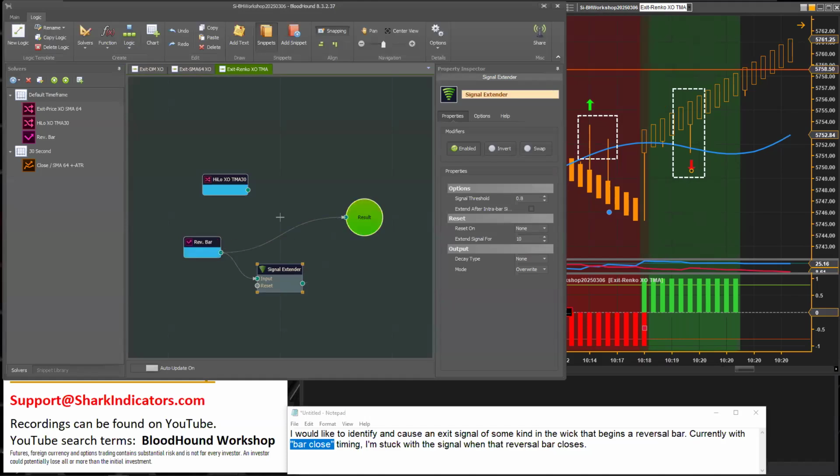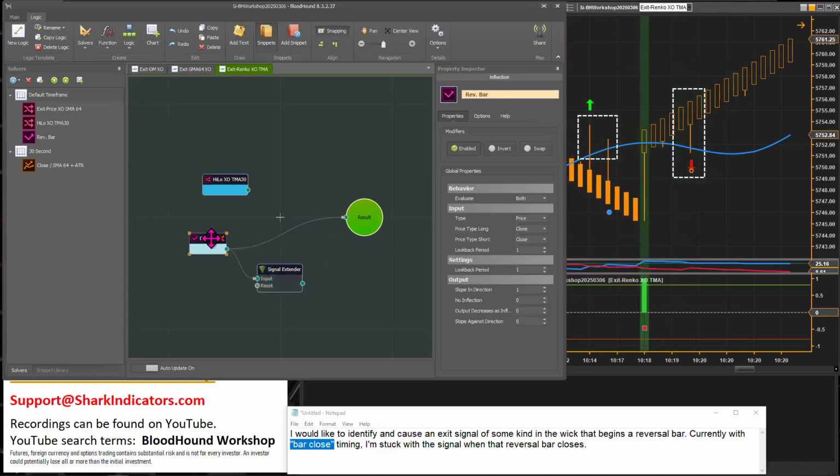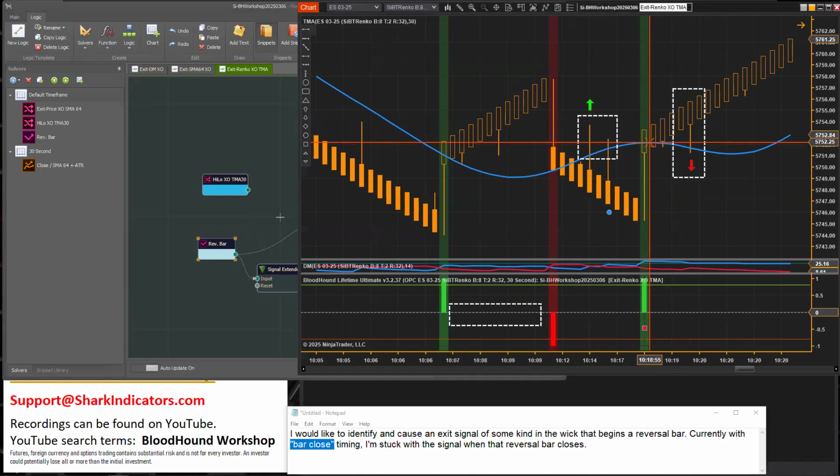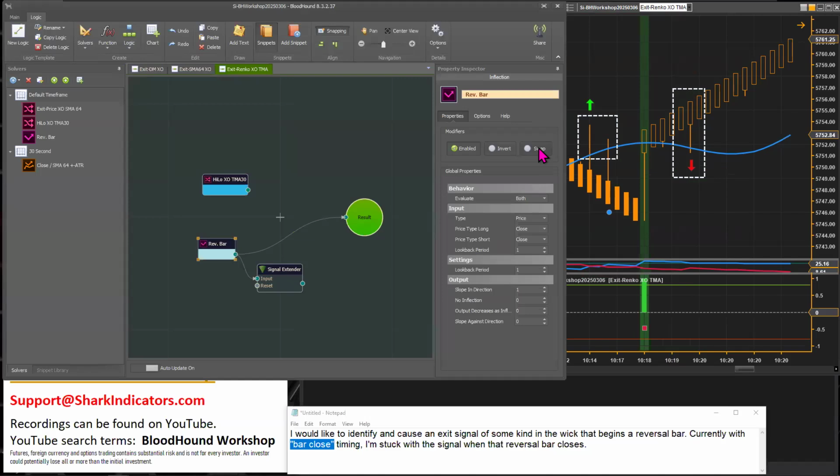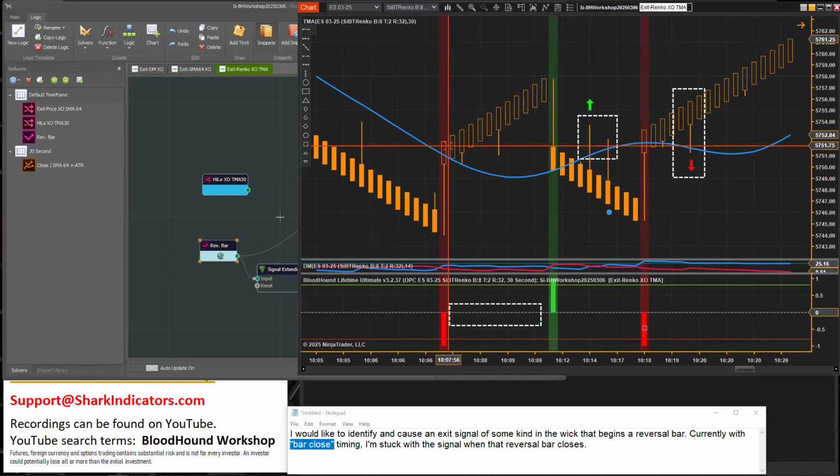So when we look at the original reversal bar signal, it's a long. We can just use the swap option here. This is our inflection solver, and I just enabled the swap, and now we can see all of our signals are reversed.